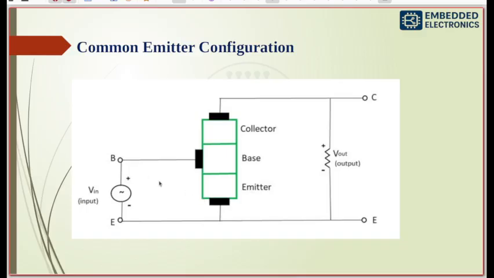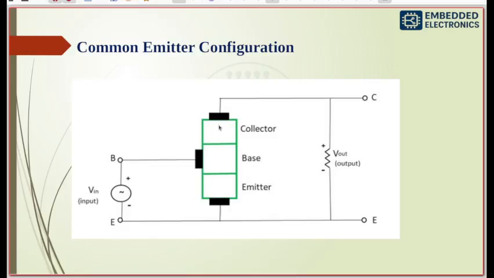VCE is the voltage between the collector and emitter, which equals the voltage between the collector and base plus the voltage between the base and emitter.